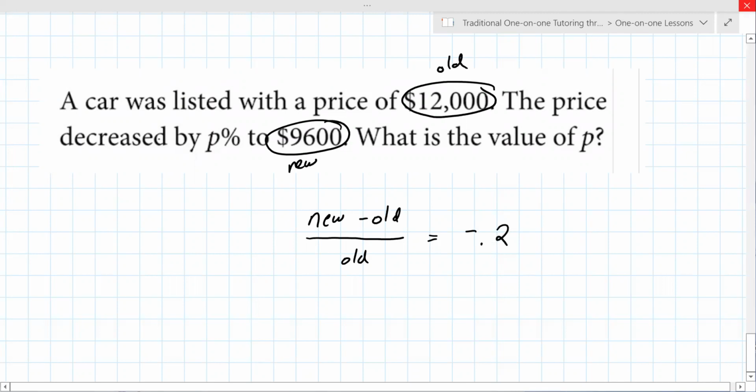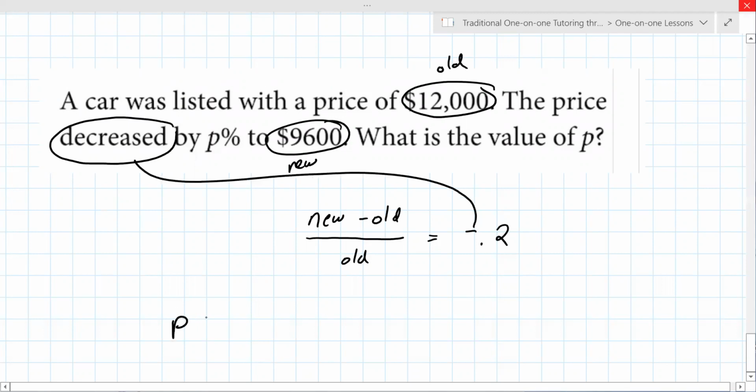Now the word decrease takes care of the minus, so you can get rid of that. P is the percent, so what is 0.2 as a percent? 20%. 20%, good. So if it goes down, this new minus old over old is negative.